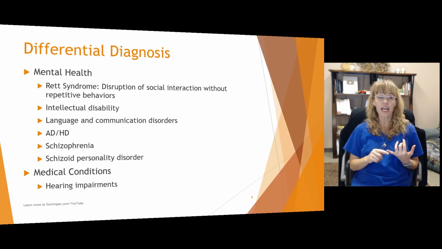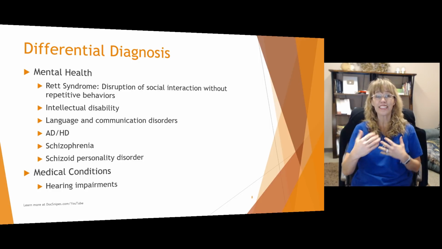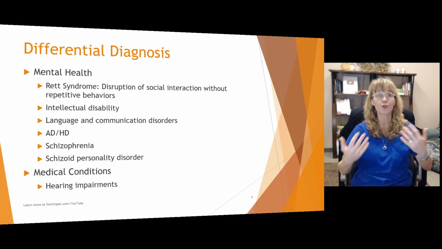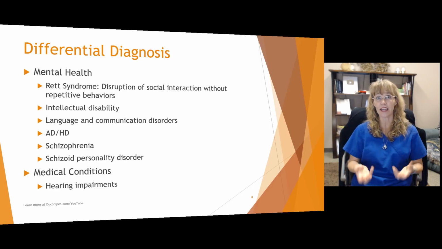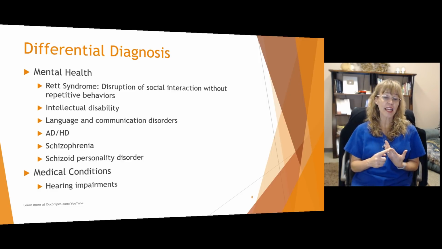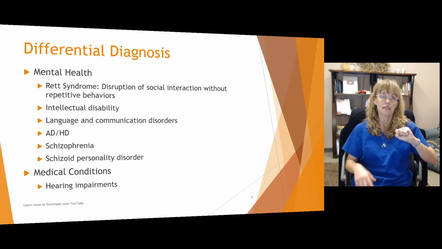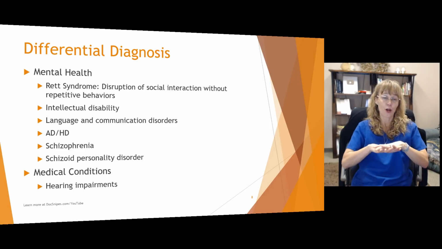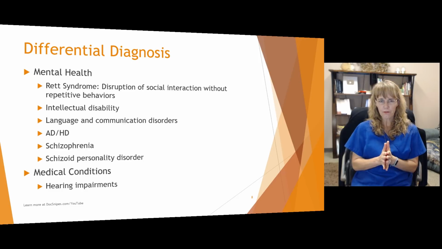You want to assess for intellectual disability, language and communication disorders. It's hard to maintain socio-emotional reciprocity when you have a difficulty communicating or understanding what's being said to you. ADHD, schizophrenia, and schizoid personality disorder can all have some overlap with symptoms of autism spectrum disorders.